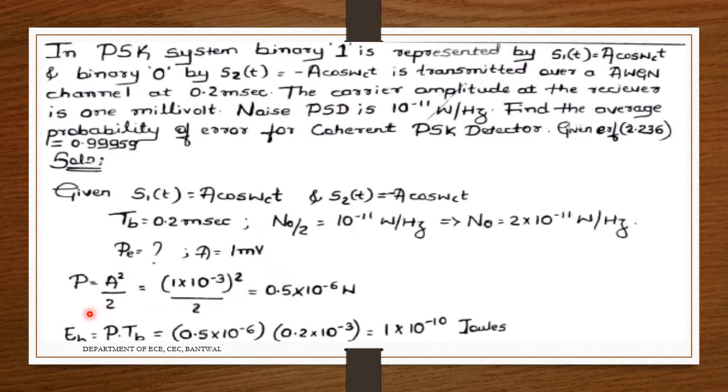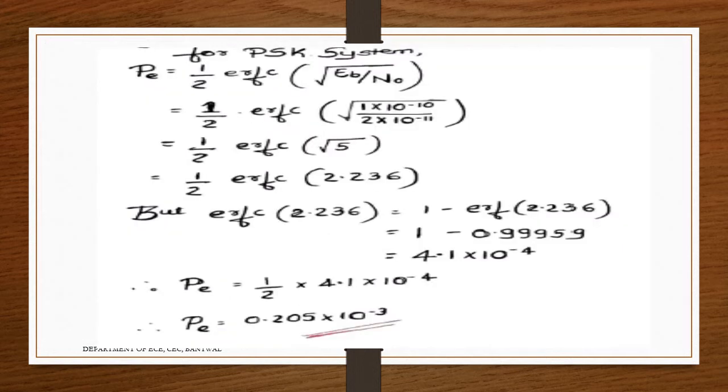So I can get P equals A square by 2, that is 1 into 10 to the power of minus 3 the whole square divided by 2, equal to 0.5 into 10 to the power of minus 6 watts. Then Eb is equal to P into Tb, that is 0.5 into 10 to the power of minus 6 times 0.2 into 10 to the power of minus 3, which is 1 into 10 to the power of minus 10 joules.